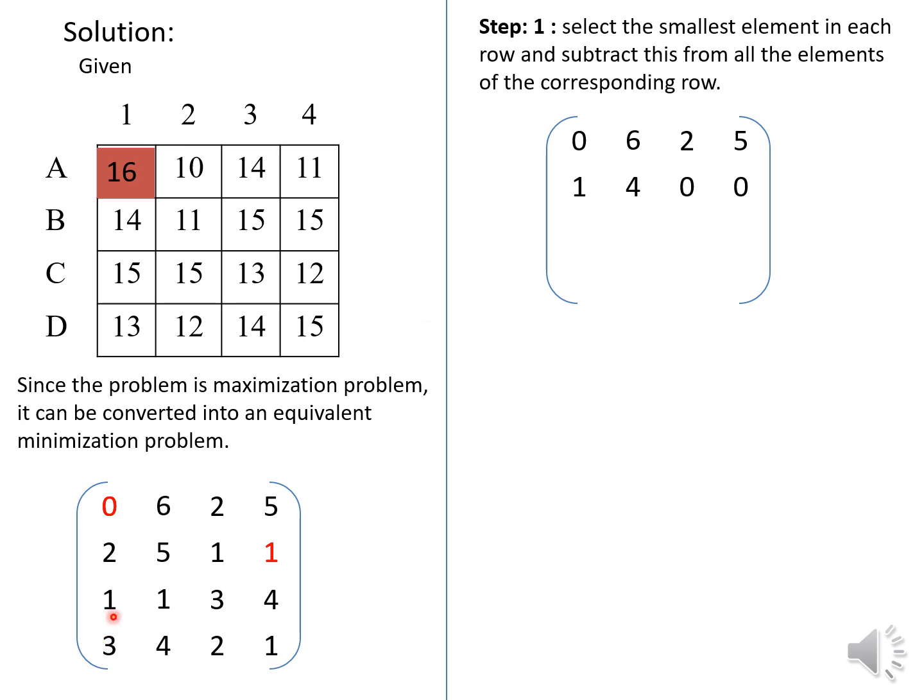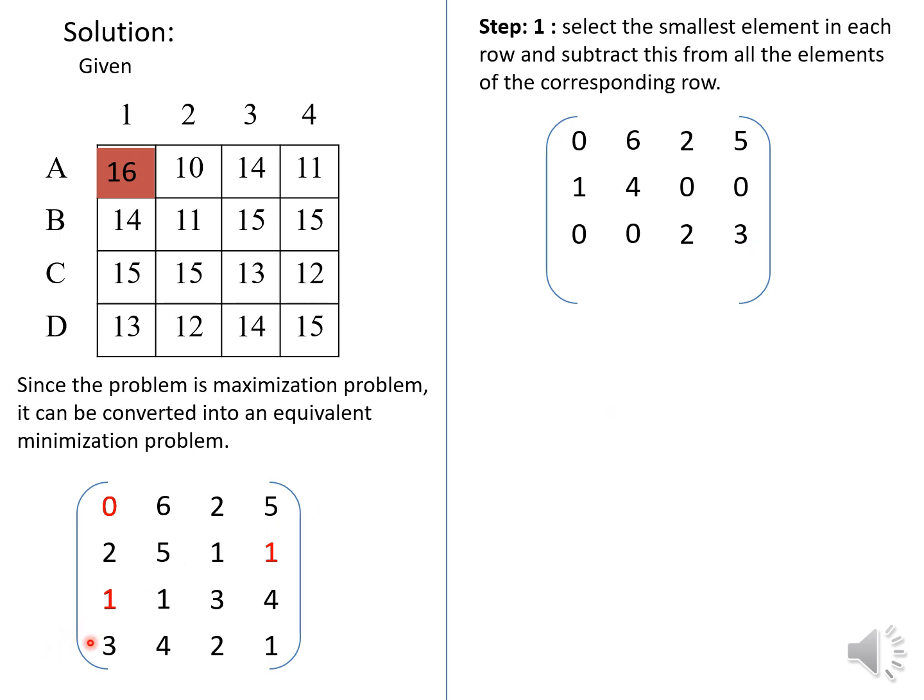Next, in the third row, the least value is 1. So select 1, then subtract 1 from each and every value of the row. Therefore 1 minus 1 becomes 0. Then 1 minus 1 becomes 0. Then 3 minus 1 is 2. Then 4 minus 1 is 3.